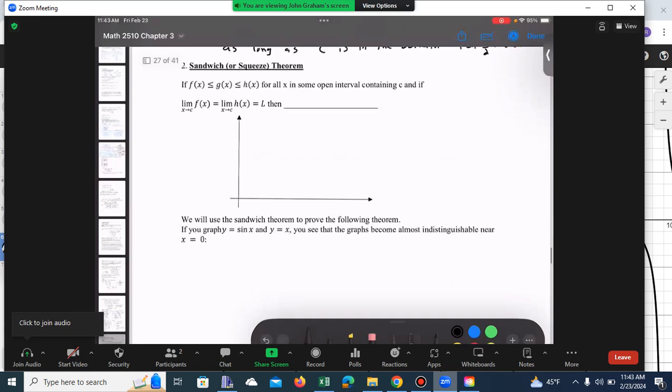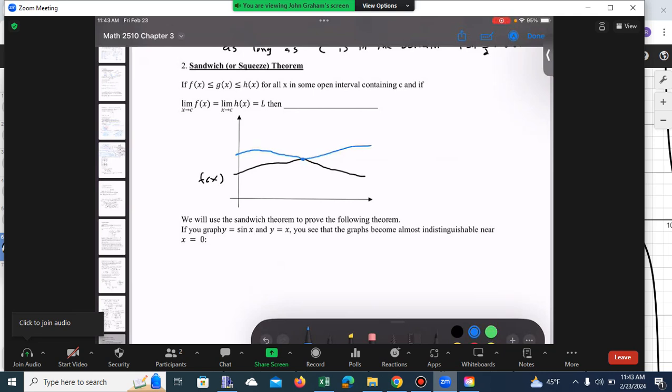The next thing we want to look at is what's called the sandwich theorem, or the squeeze theorem. I always like this one because of the funny name to it. But if we have three functions, say this is f of x, is less than or equal to g of x, maybe like this.